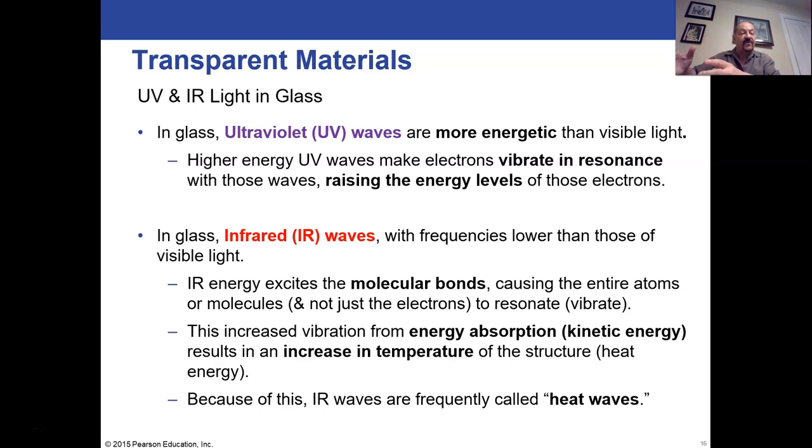Infrared's lower frequency, lower energy, higher wavelengths, and these are not wavelengths we can detect with our eyes, but that radiates down onto the food, vibrates the molecules of the food, especially the water in the food, and will keep the food hot. And that's why we use these for heat lamps.